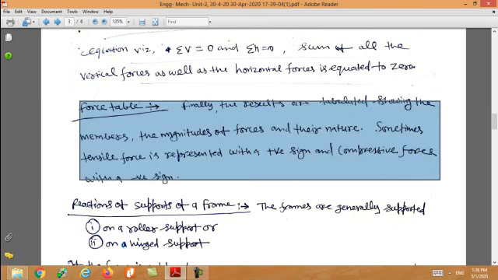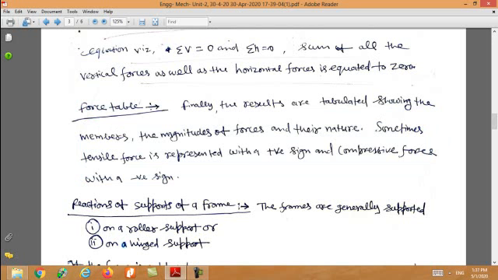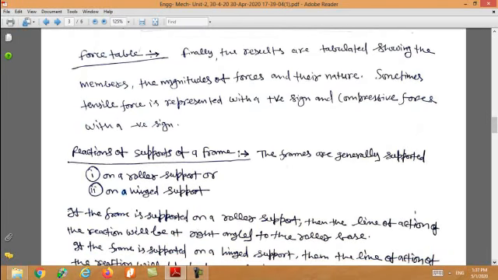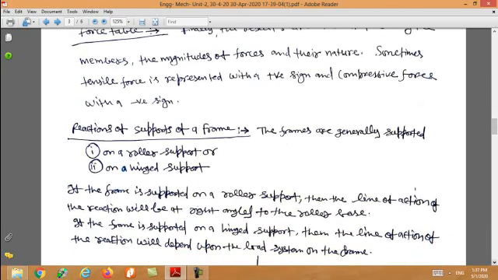Sometimes tensile force is represented with a positive sign and compressive force with a negative sign. It means in the answers, if it comes positive, then we can say it is tensile, otherwise it will be negative, or compressive.